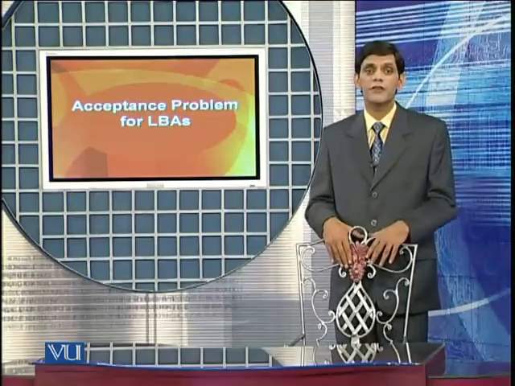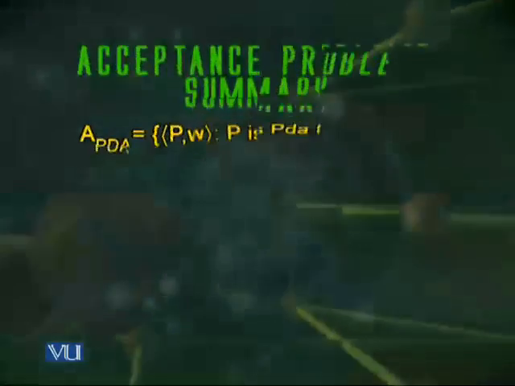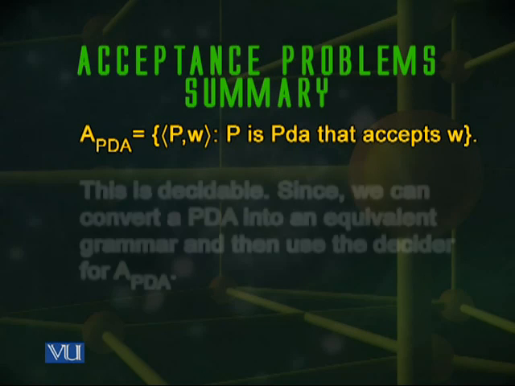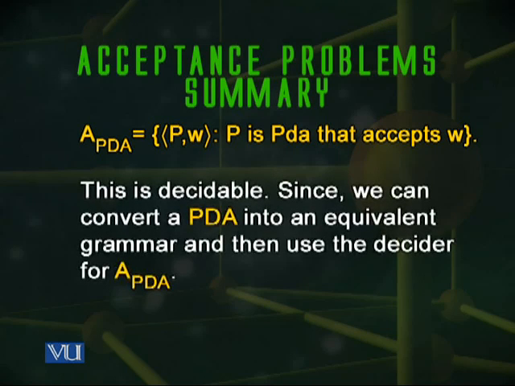So A_CFG was decidable. We can also look at the problem A_PDA, where you're given a pushdown automaton P and a string w, and you want to know whether P accepts the string w. Is the acceptance problem for pushdown automata also decidable? The answer is yes, because you know an algorithm which will convert a non-deterministic pushdown automaton into an equivalent context-free grammar.